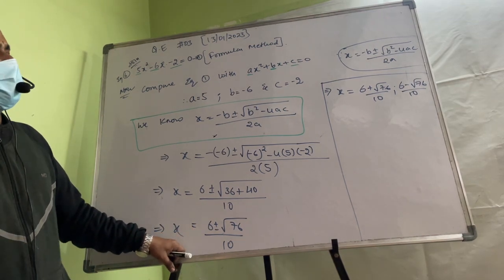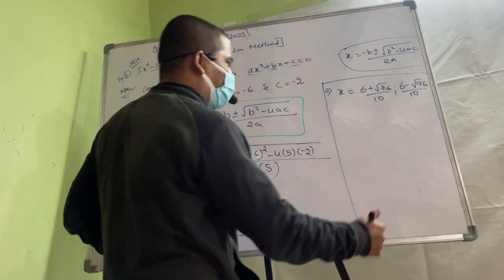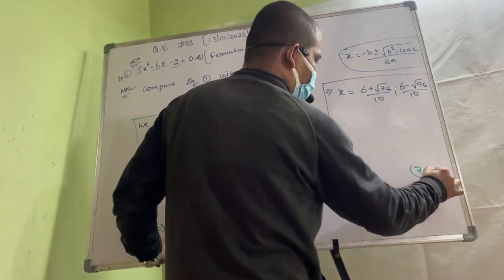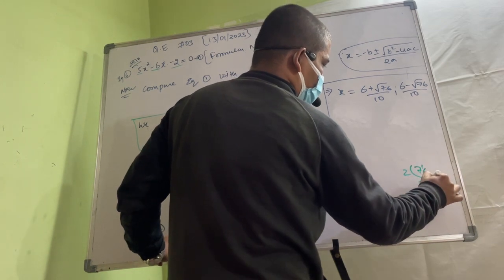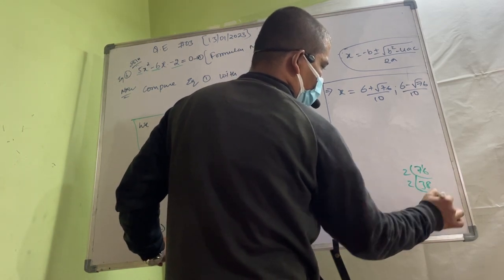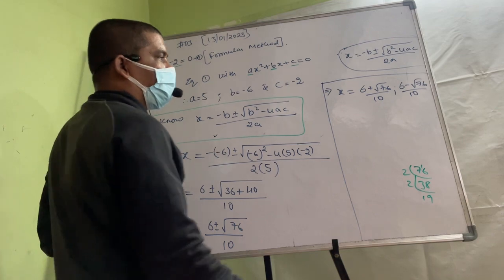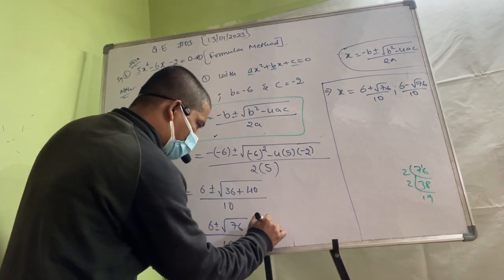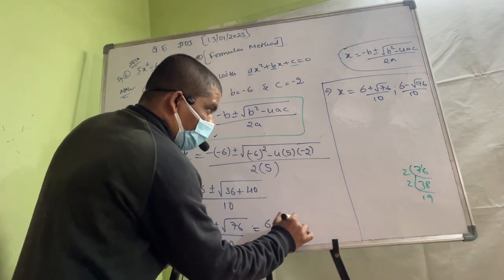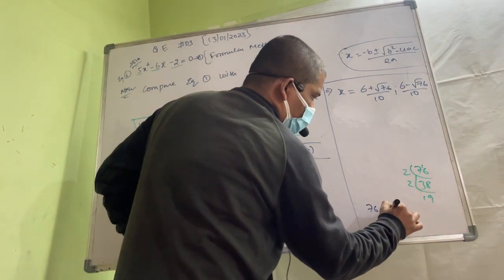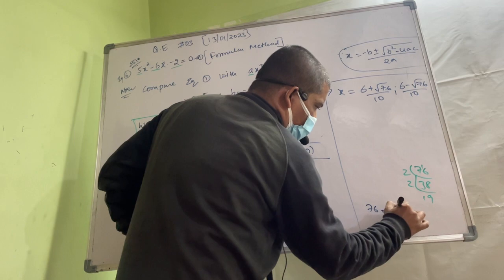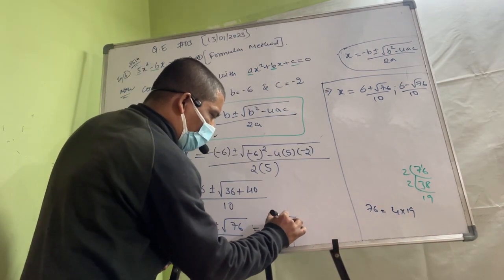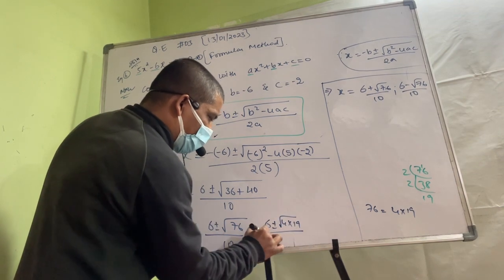If you want, you can write under root 76 using prime factorization. Let's see in rough column. So we'll get how much? Under root 76 if I want, I can write like this. See? 2 to the 4. I can write 4 into 19 now. So I can write it as under root 4 into 19.